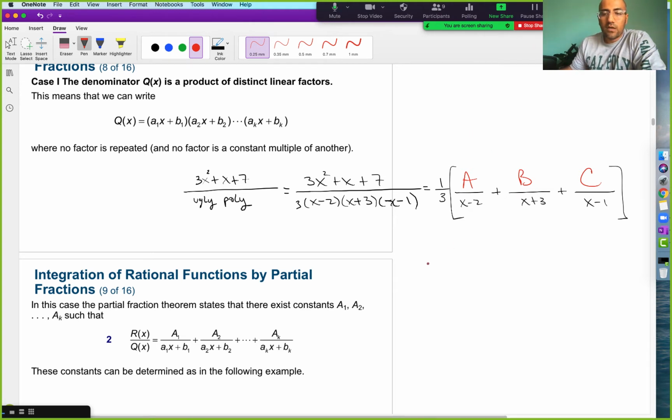So these are constants that need to be determined. But at least we have the general setup of what it's going to look like. Is that okay?